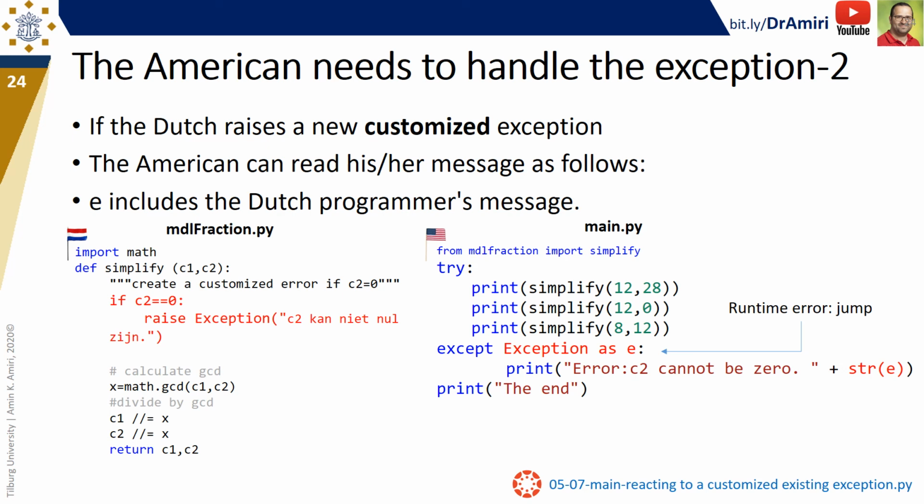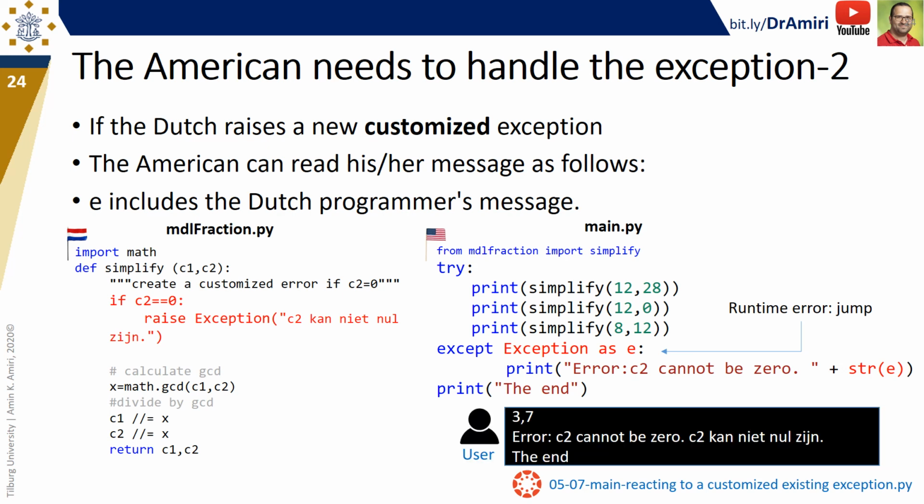In this case, as I explained, E includes the Dutch programmer's message, and as a result, you can see here 3 and 7 is printed as a result of the first simplify function, 12 and 28. Then the second function returns a runtime error because of the raise exception in the Dutch programmer's code, and therefore simplify 8 and 12 is not going to be executed.